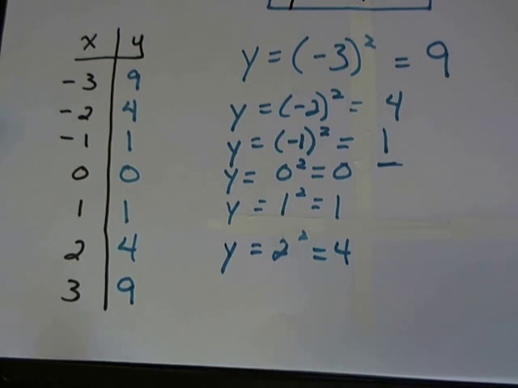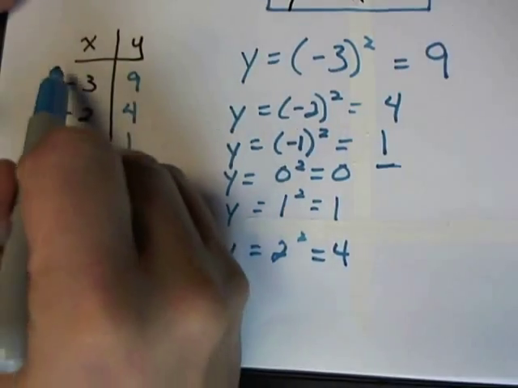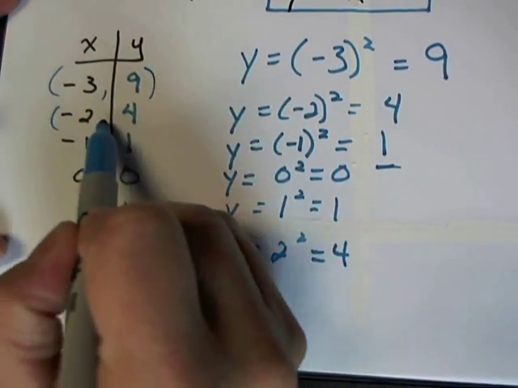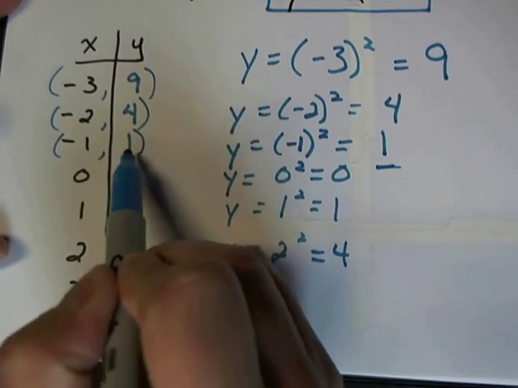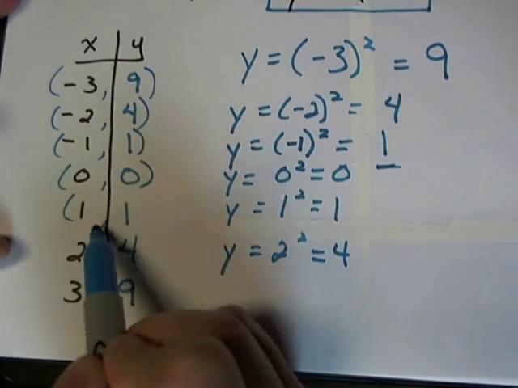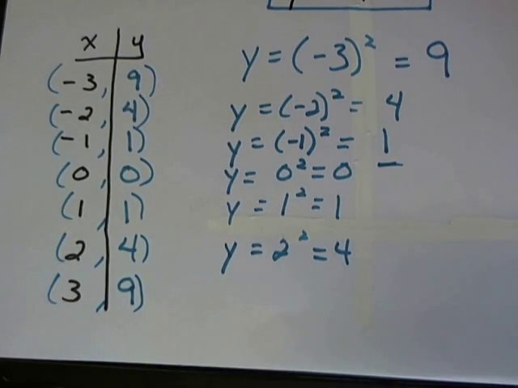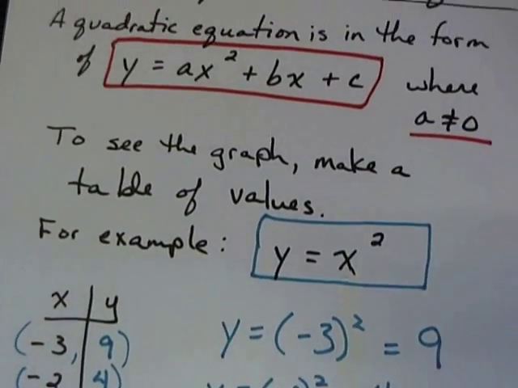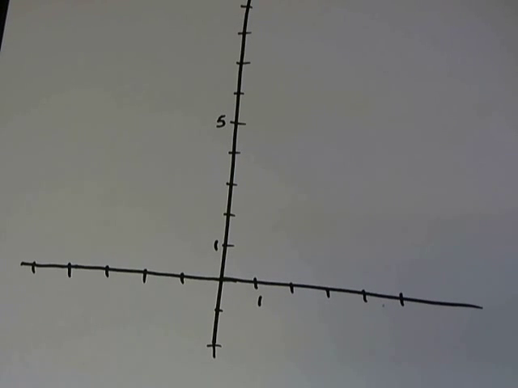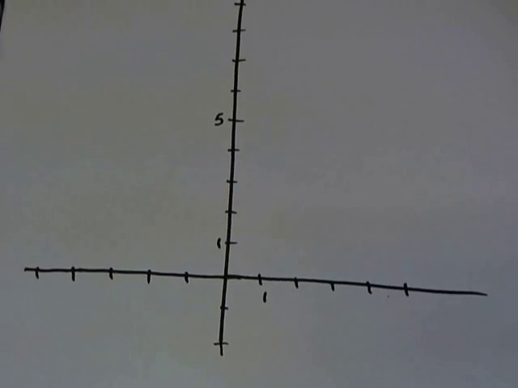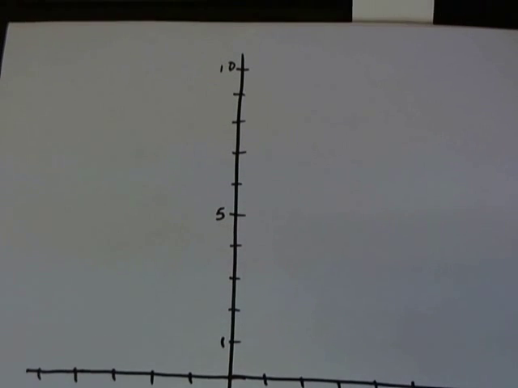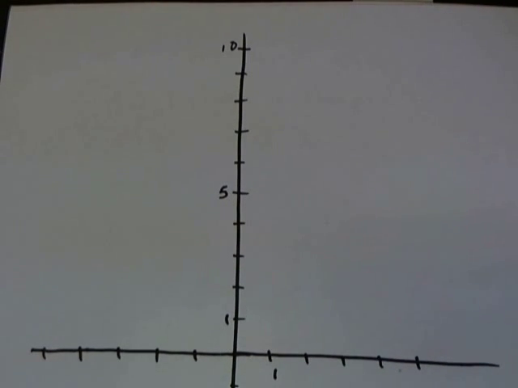So what does this look like if we plot these different points, because these are all different coordinates that are true for our equation? So what happens when I plot those points on a grid? Well, let's see here. Our first point was at -3, 9.